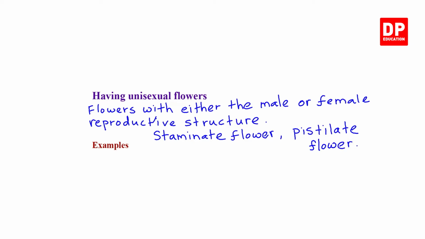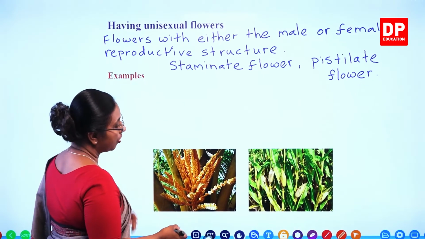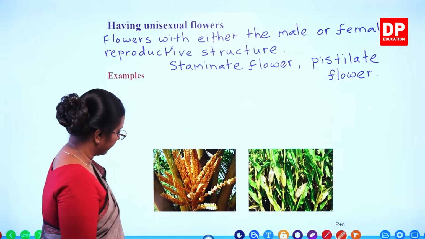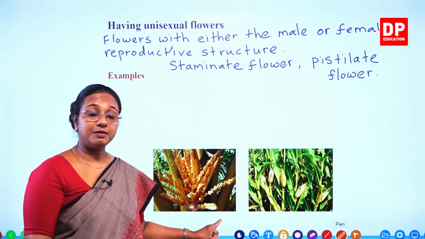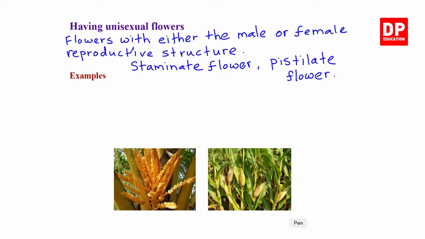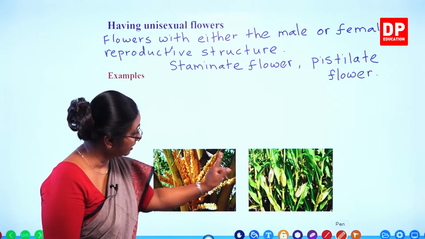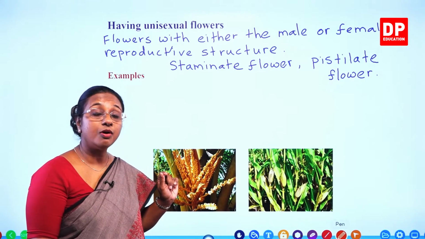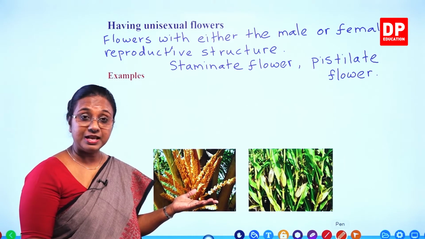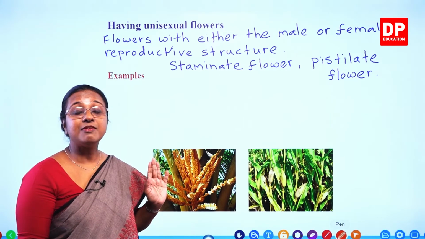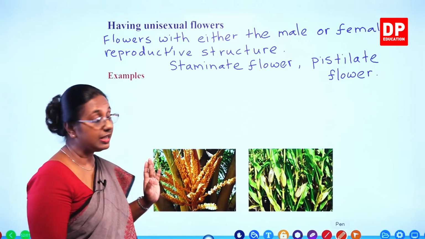So as examples, you all can look at these examples. You are familiar with this. What is this? Coconut. You can remember in coconut, the mature flowers of coconut is the staminate flower and the fruit-bearing flowers of coconut is the pistillate flower. Same goes for corn. Corn, you have the apical flowers of corn. Those are the staminate flowers and the pistillate flowers are the fruit-bearing flowers.